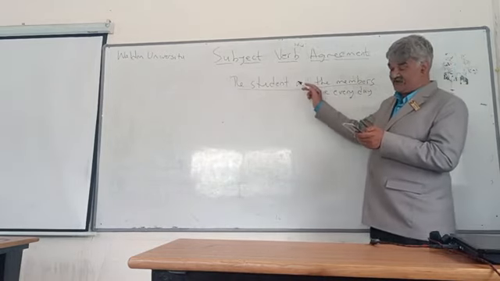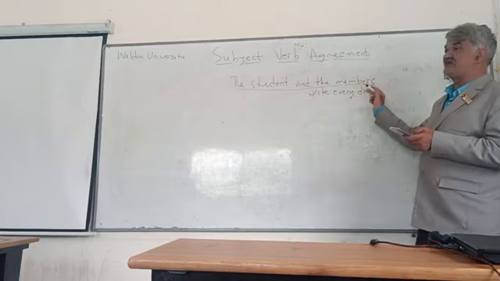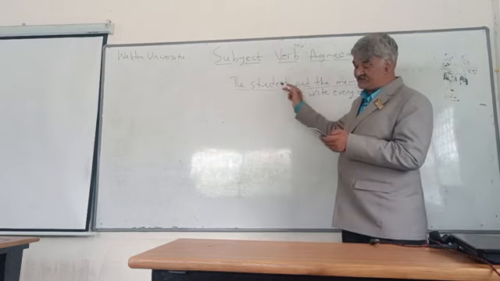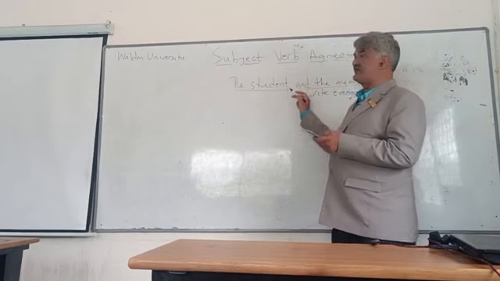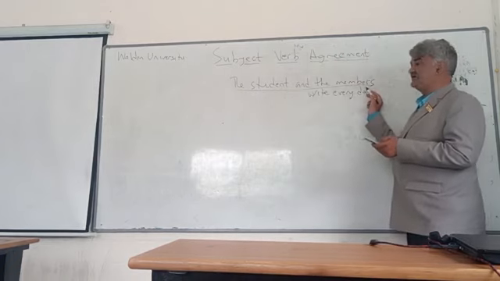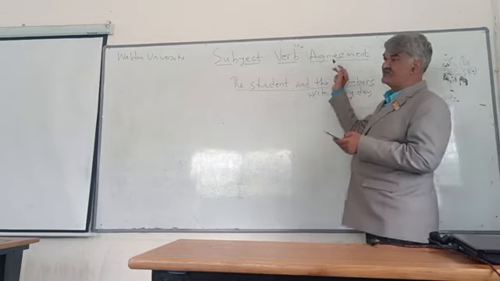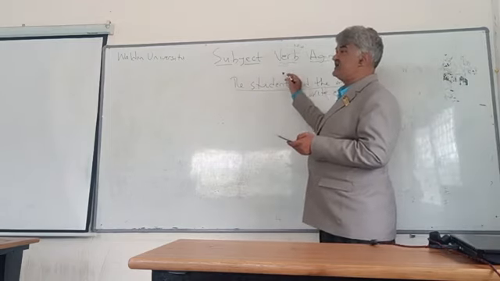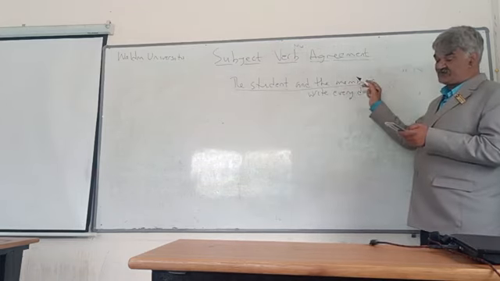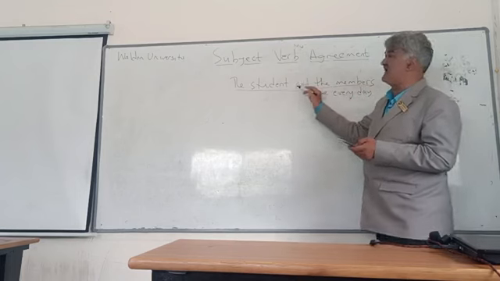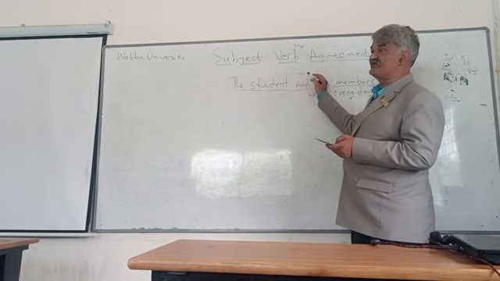When the subject of the sentence is the student and the members, it's composed of two or more nouns or pronouns. It can be pronouns, he and they. Composed of two or more nouns or pronouns connected by and. So this is the connecting word. This is a conjunction.